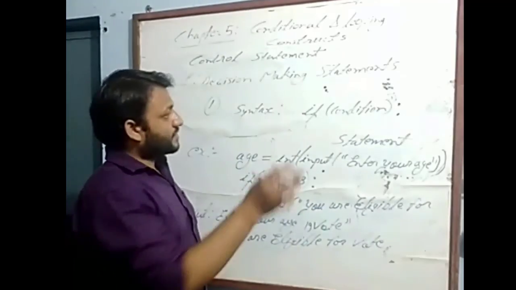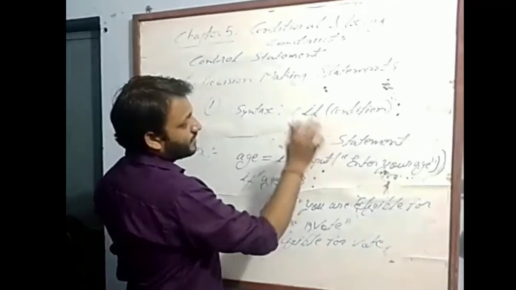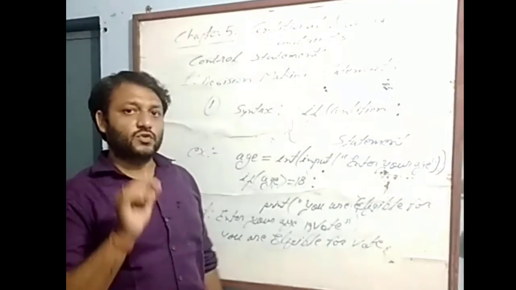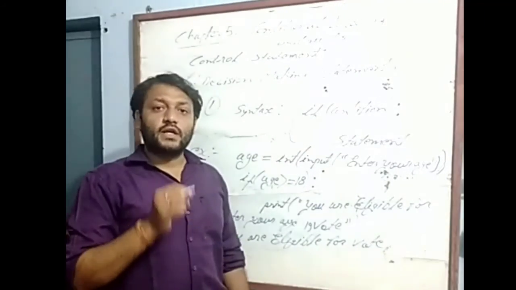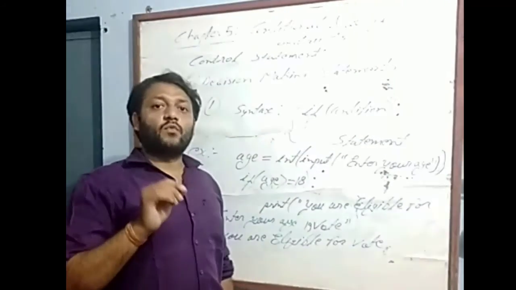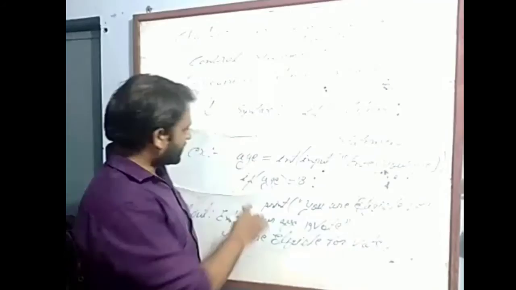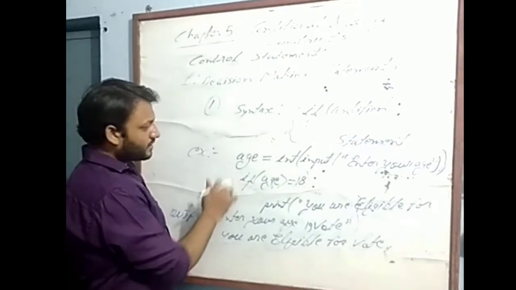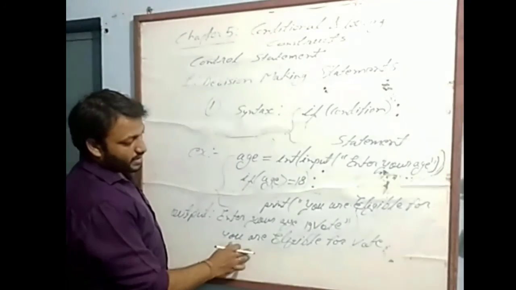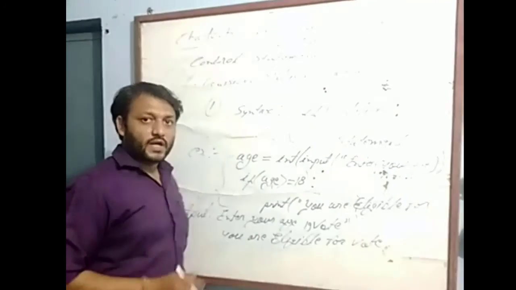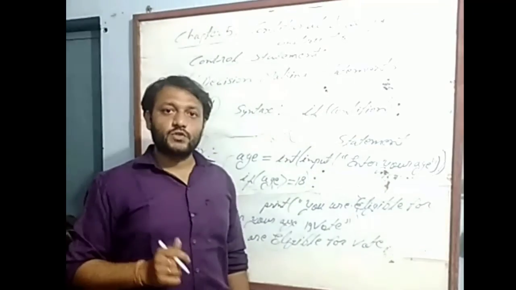Then note down the syntax, and after the syntax write the program: find the voter eligibility with the help of the if statement. Note down this program with its output, and complete this in your notebooks.